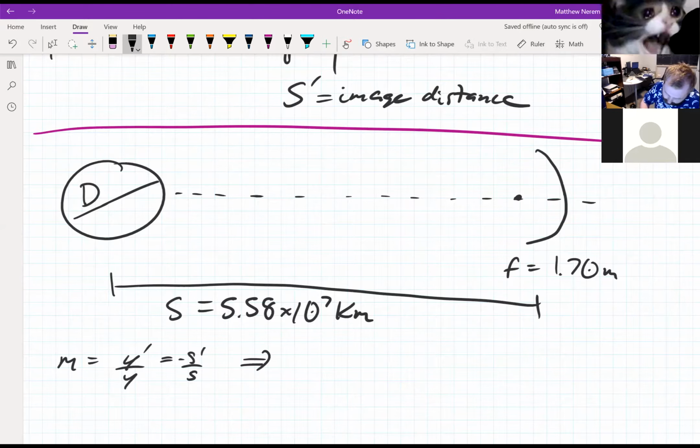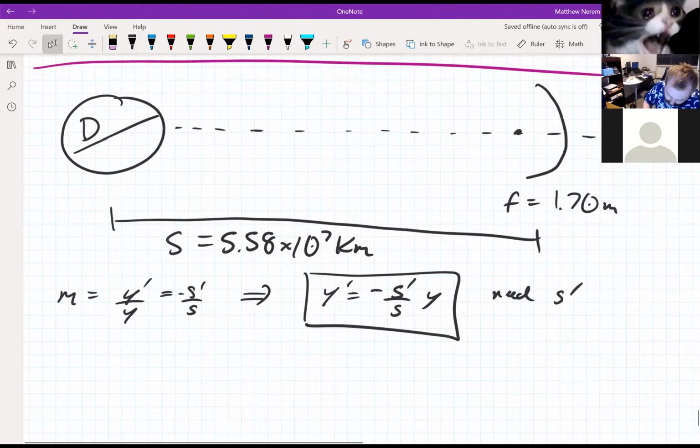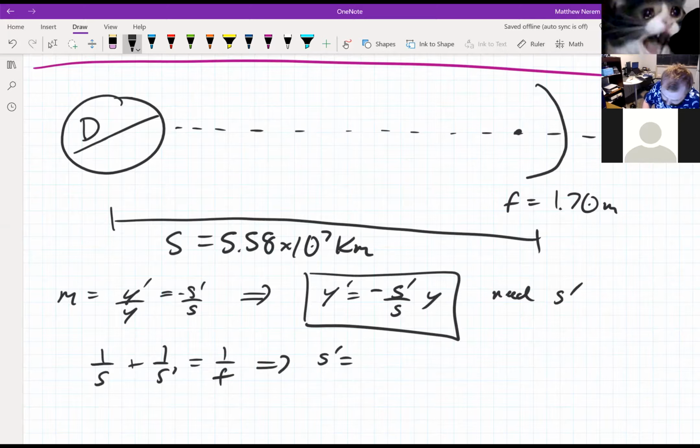So the question asks for y prime equals minus s prime over s times y. We have y, the diameter of Mars. We need the image distance, s prime. Well, you can say 1 over s plus 1 over s prime equals 1 over f, so s prime is s times f over s minus f.